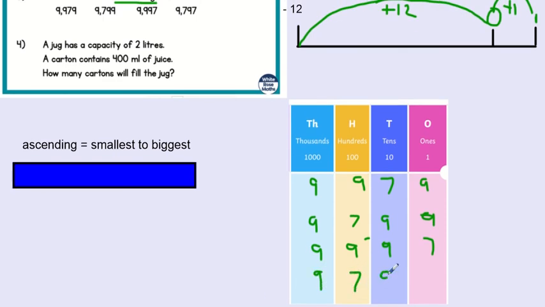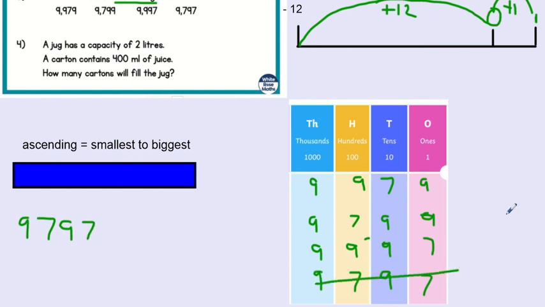This is just a tip to help those who need it. So the smallest number then is, that's right, 9,797. So I can cross that one out.